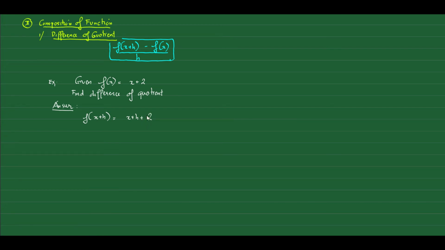Then we're gonna set up the ratio: x plus h plus 2, which is this, minus f of x. But f of x is this, so we gotta put it in parentheses, over h. Alright, distribute the minus in: minus x, minus 2, over h. So you see that this cancels, so you have h over h, which gives you 1. There you go, that's difference of quotient.